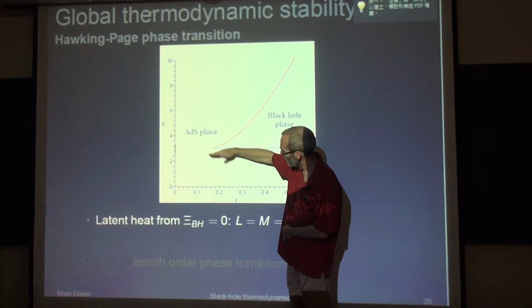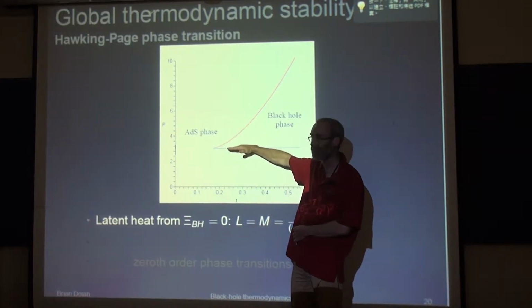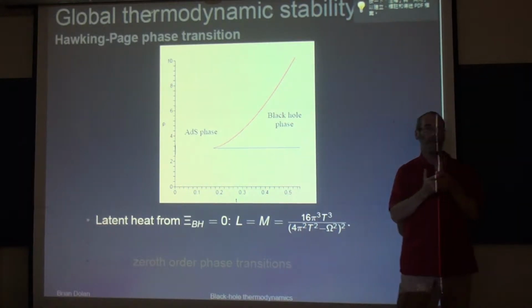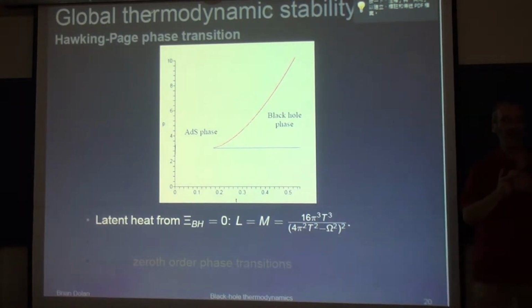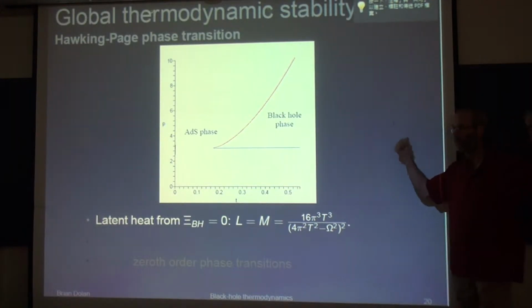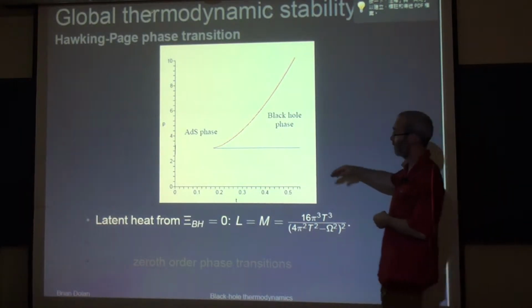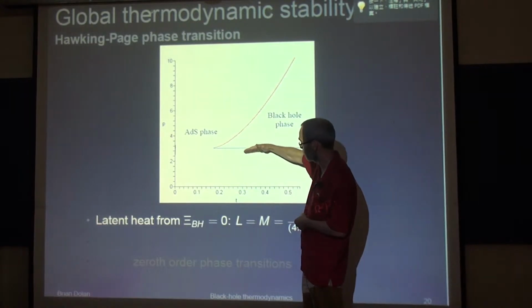There's a technical point that you can't get below this blue line. Well, it depends on the physical situation, but if the angular velocity is too large, then anti-de Sitter space is rotating faster than the speed of light at infinity. So you don't want to do that. So that means that you can't go below this line.